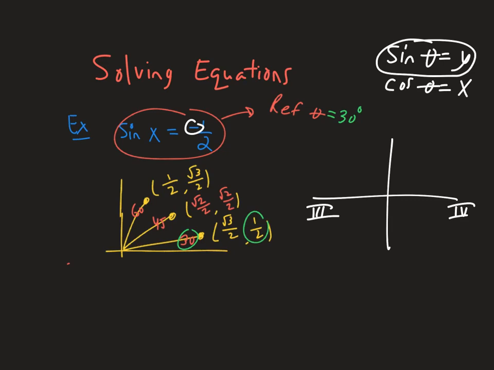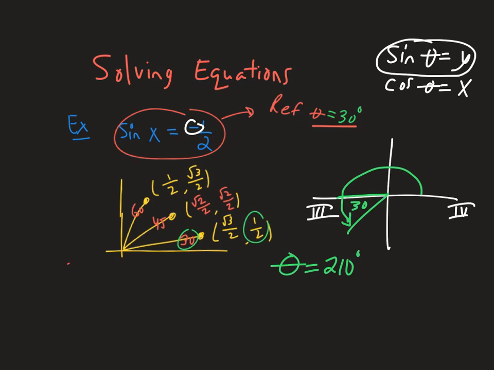Now we need to think about what's the angle measure. The reference angle is 30 degrees. So if we were to place a 30-degree reference angle right there, what would the actual angle be? Well, we can see that in quadrant 3, we are 30 degrees past 180. So one answer would be 30 plus 180, which is 210 degrees.